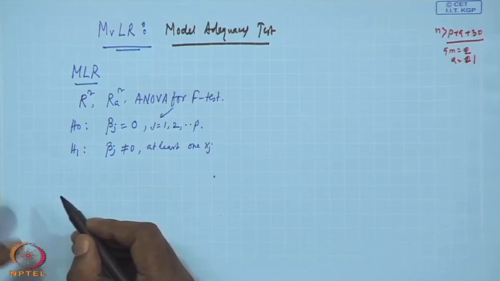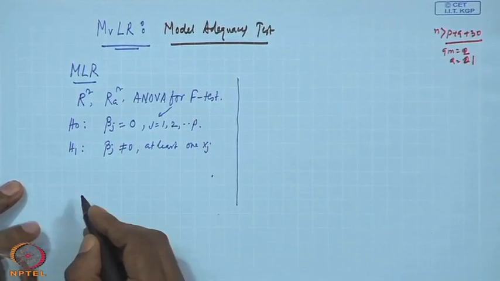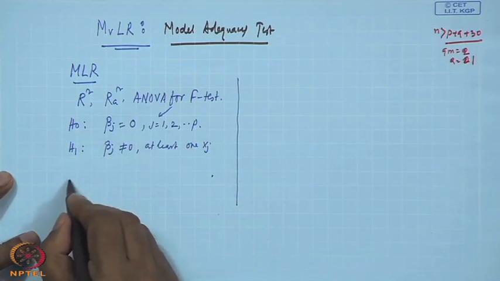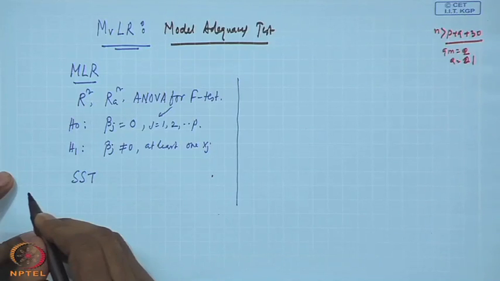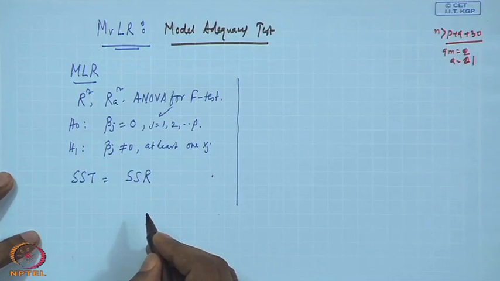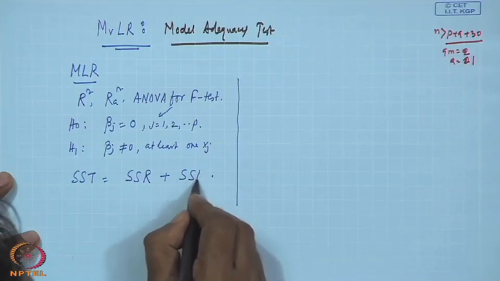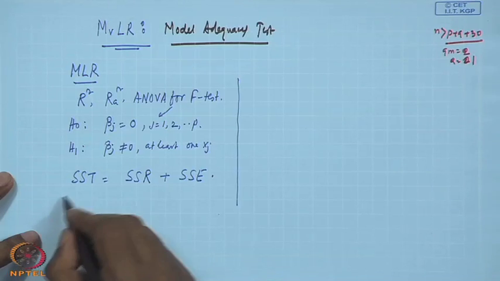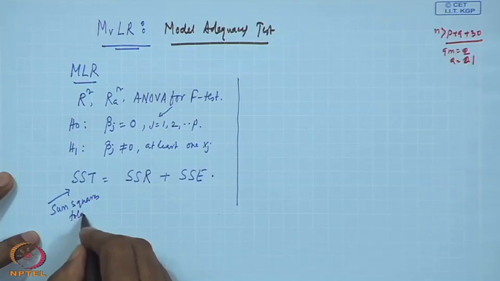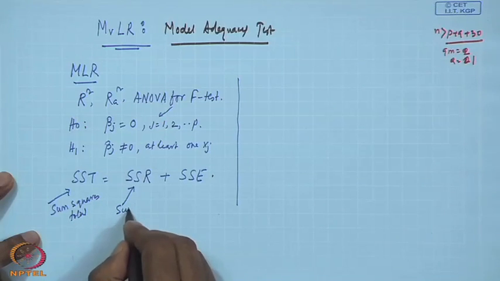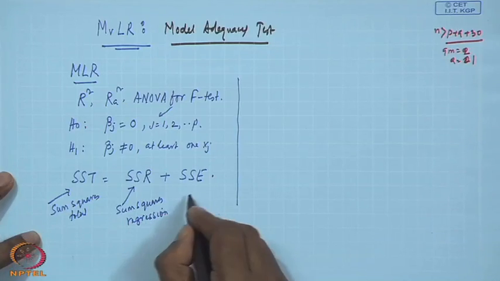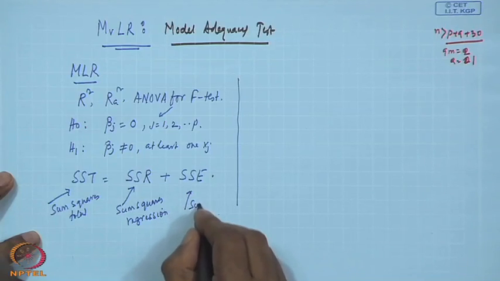In addition, while preparing the ANOVA table, we found that the total sum of squares, or sum square total, was partitioned into two parts, that is SSR plus SSE. That means sum square total equals sum square regression plus sum square residuals, or sum square errors.